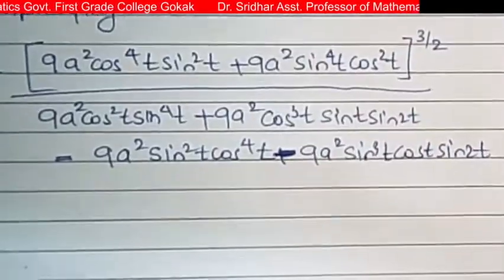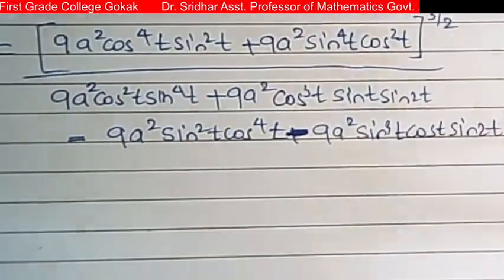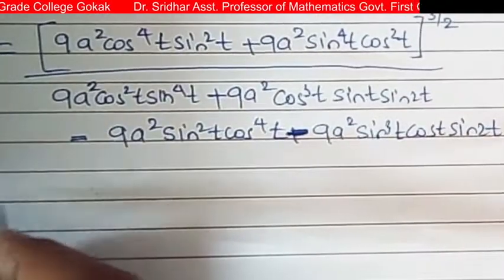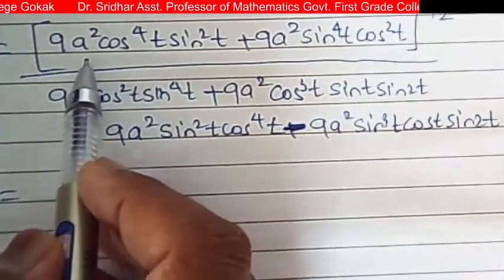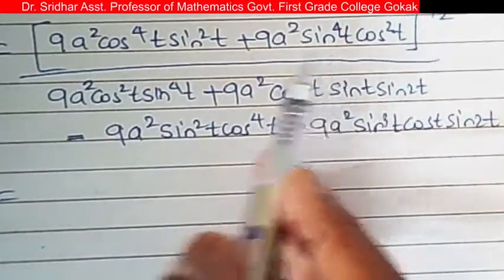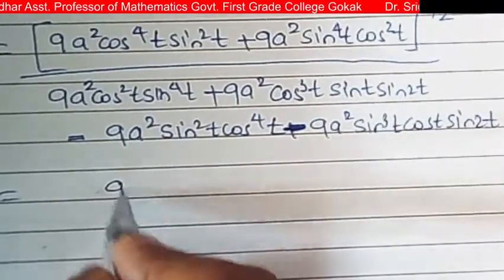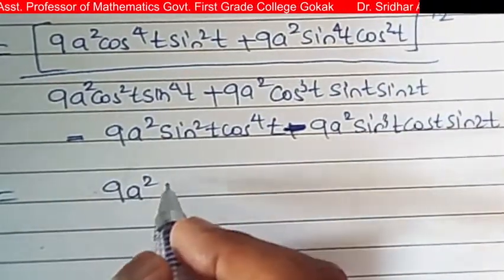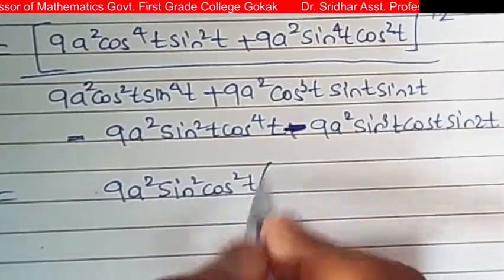Then after this, simplify this again. So I'll get rho is equal to, here I can take 9a square common from both the terms, 9a square, and also sin square t cos square t is common, so I will take 9a square, sin square t and cos square t common.